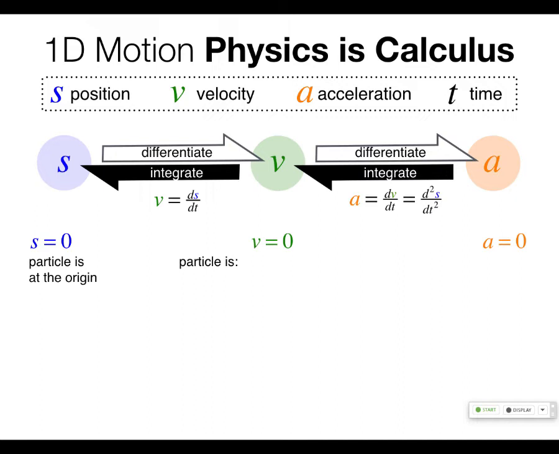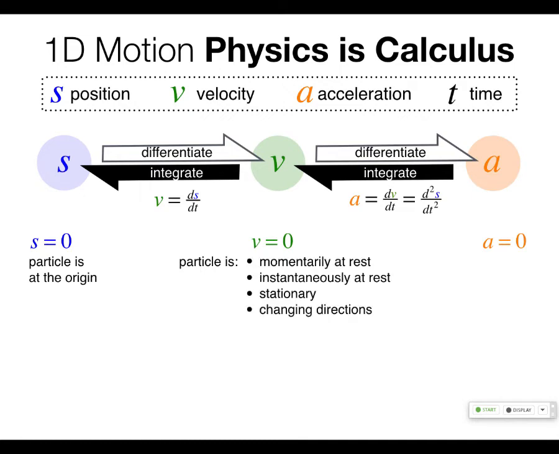Because it's impossible to be running full speed this way and then immediately be running full speed that way. If you're changing directions, you have to slow all the way down to 0 and then speed back up. So you can be momentarily at rest, instantaneously at rest. You can be stationary, or you can be changing directions.